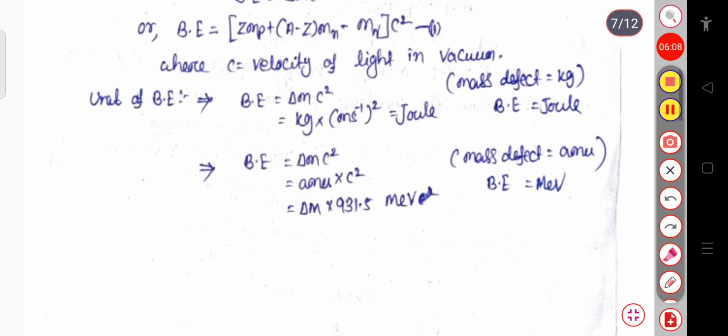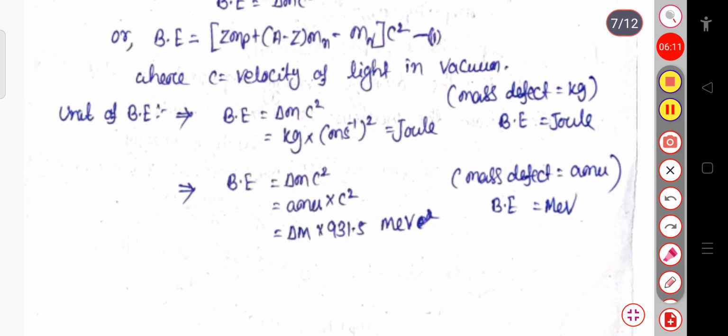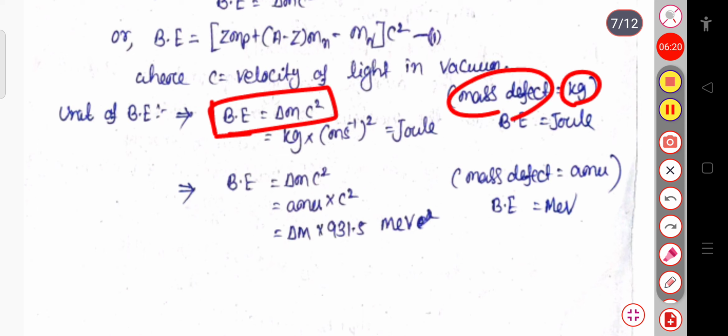Now we will see the unit of the binding energy. The binding energy is delta m c². The mass defect unit is kg, and c is the velocity, so meter per second, and c squared is meter per second whole squared. So the binding energy unit will be joule.